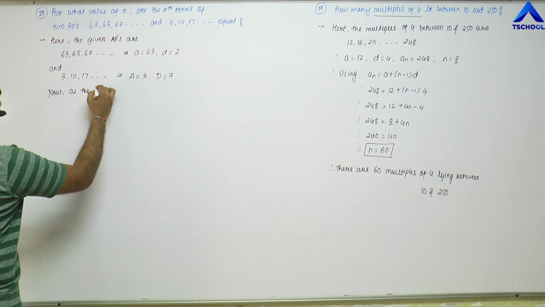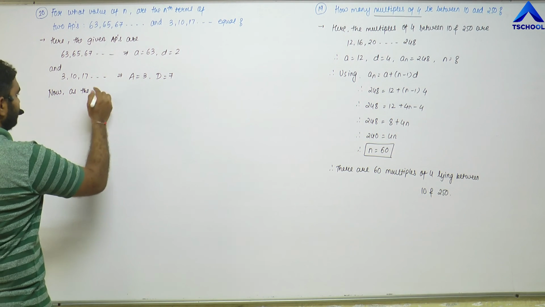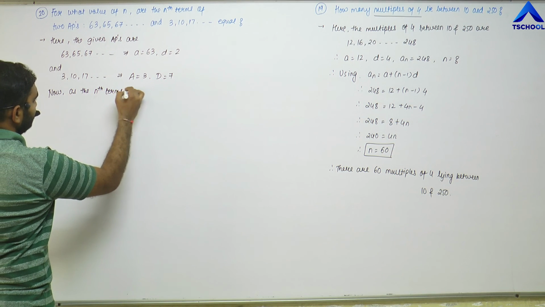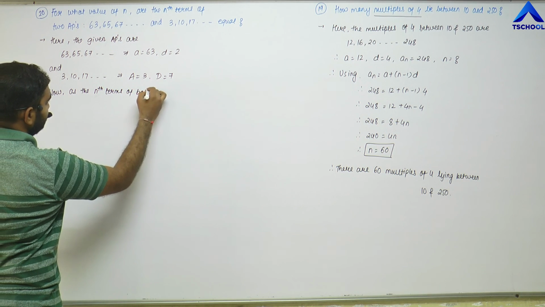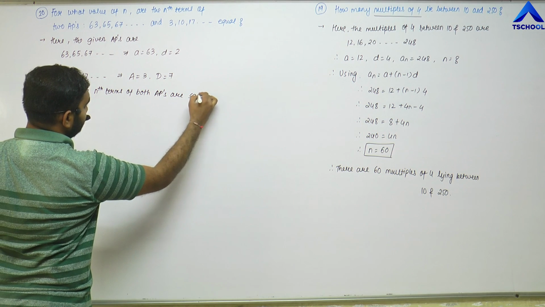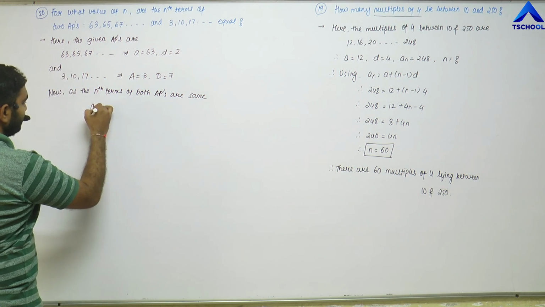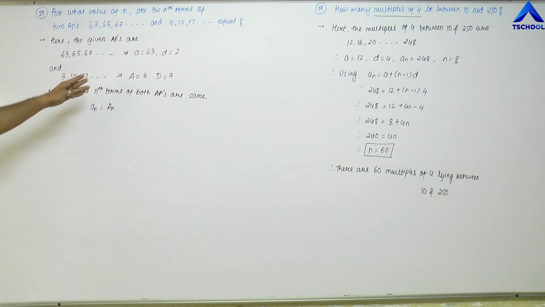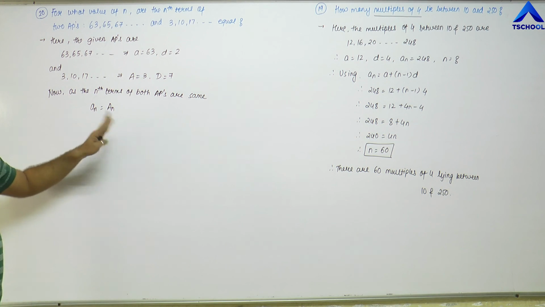Now, as the nth term of both APs are same, that is an is equal to capital An, right? So as we have made a difference here, the nth term will also differ.